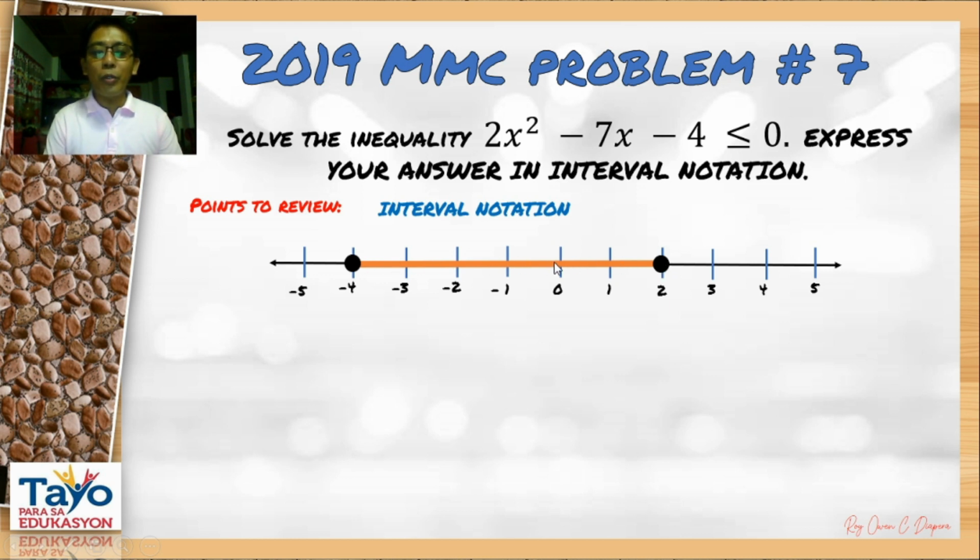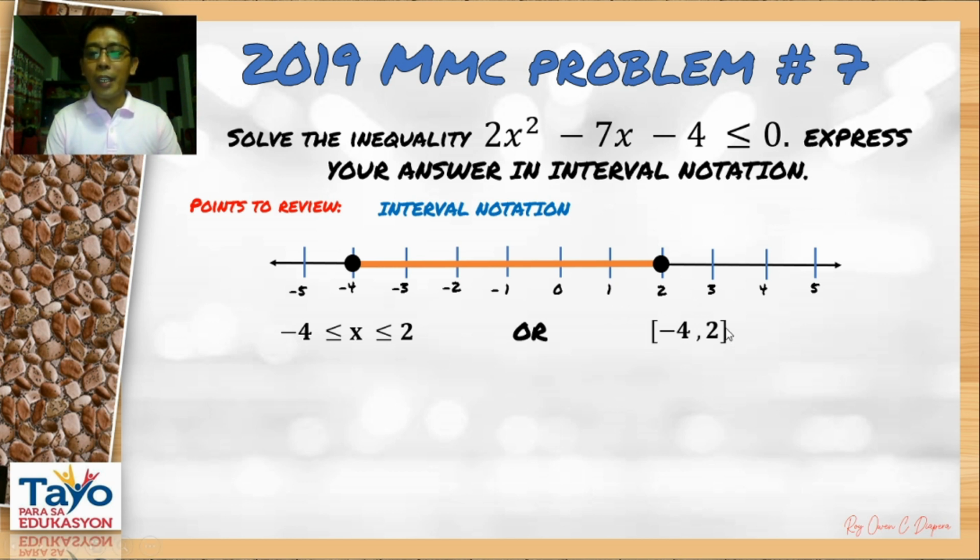Now, how do we do this in an interval notation? Of course, x is greater than or equal to negative 4, meaning to say, kasali po sa value ni x si negative 4, but x is less than or equal to positive 2. Or, pwede nyo pong gamitin ang close bracket.